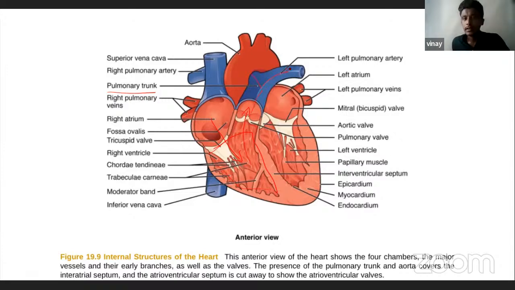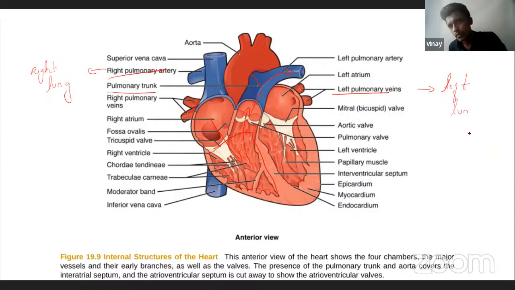What are those? The right pulmonary vein and the left pulmonary vein. The right one will take it to the right lung, and the left one will take it to the left lung.